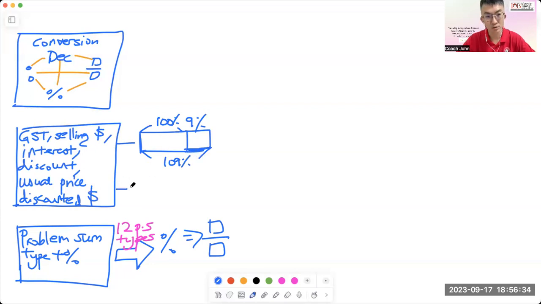Then for interest, you replace the 9% with 3.5%. So basically the solving method is the same. The total is 103.5%, if the interest given in the question is 3.5%.